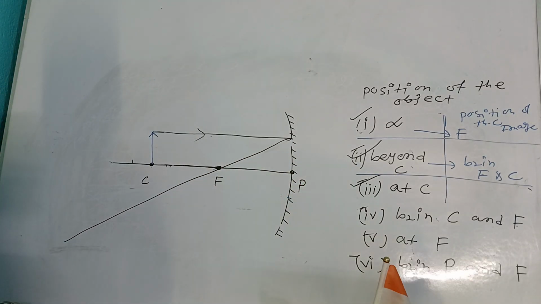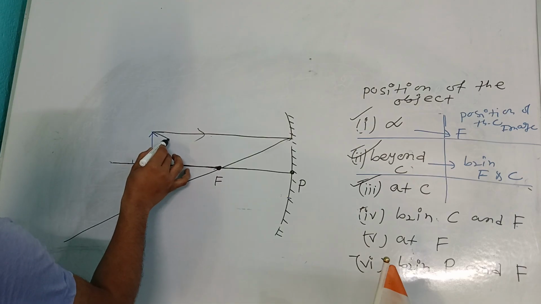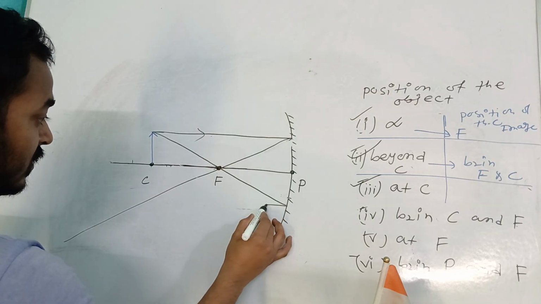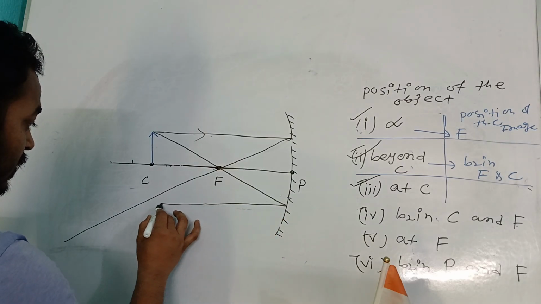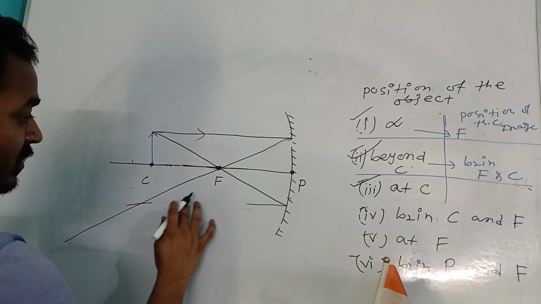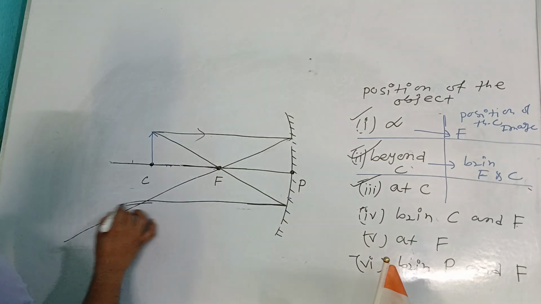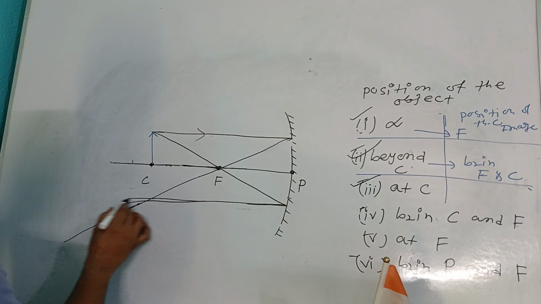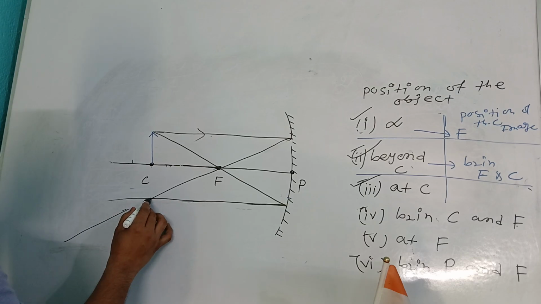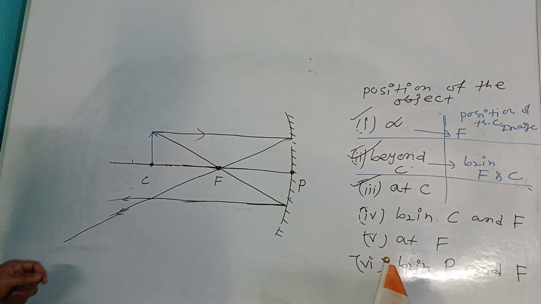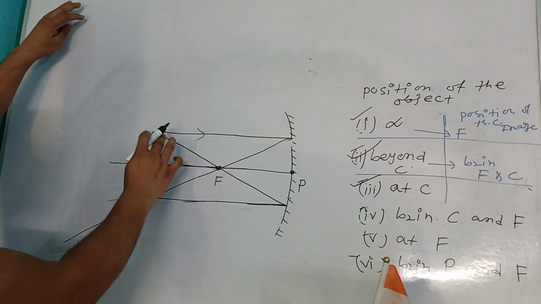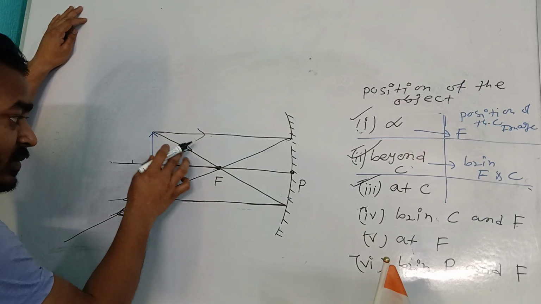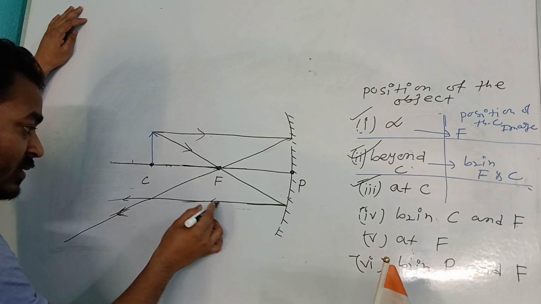When it is passing through the focus, after the reflection it will be parallel to the principal axis.